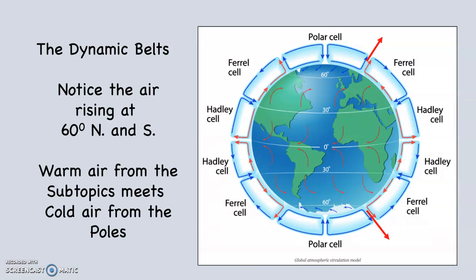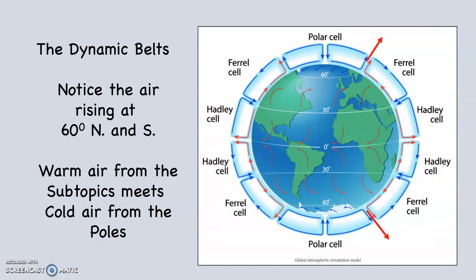So let's just look exclusively in the northern hemisphere because it works the same way in the southern hemisphere. Look at 30 degrees north. You can see that along the surface of the planet, headed north, away from 30 degrees north, you have red arrows indicating warm air. Then notice at 90 degrees north, where it says polar cell, notice that there are blue arrows heading away from 90 degrees north, headed south.